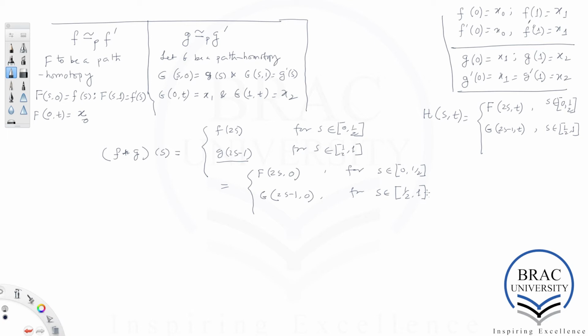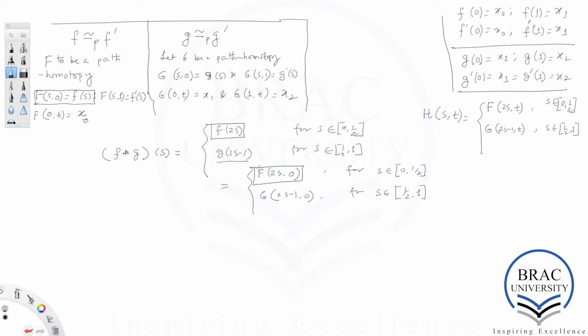So it follows from this table. Look at here. Just substitute s with 2s. Then you will have small f(2s) equal to big F(2s, 0).